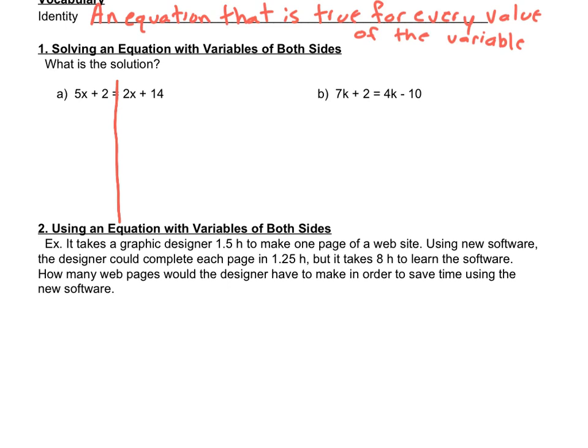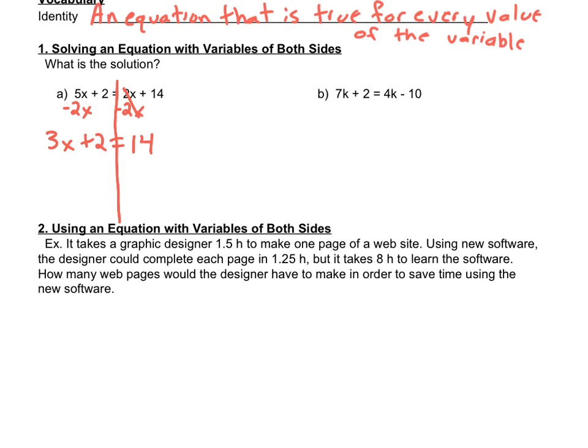So what I'm going to do is subtract 2x from both sides because I know that 2x minus 2x is 0. So the other side of the equation becomes 3x plus 2 equals 14.